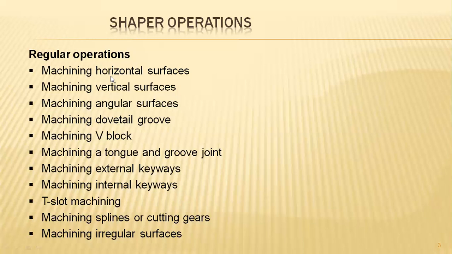As we have seen very clearly, this internal and external work relates to shaft drawings in the Design of Machineries subject. Keys and shaft keys we have also drawn clearly in our machine drawing subject. Then there is machining splines or cutting gears, and machining of irregular surfaces over the surfaces of the object.